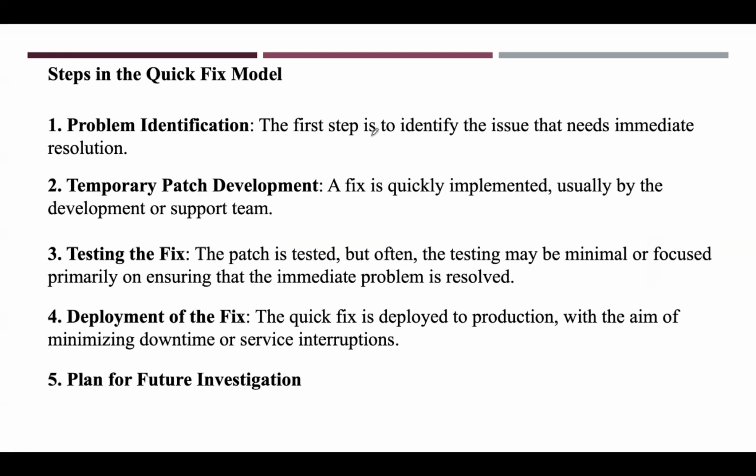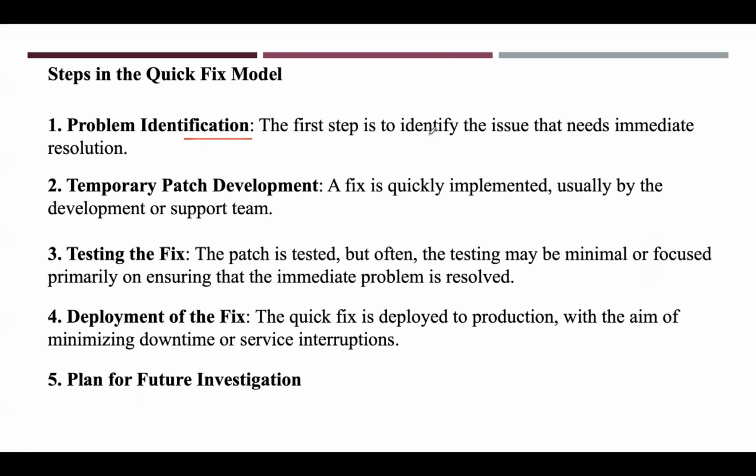Coming to the steps in the quick fix model, it involves a series of steps focused on resolving urgent issues rapidly and with minimal disruption to the system. The first one is problem identification, which means quickly diagnosing the issue, typically based on user reports, logs, or monitoring tools.